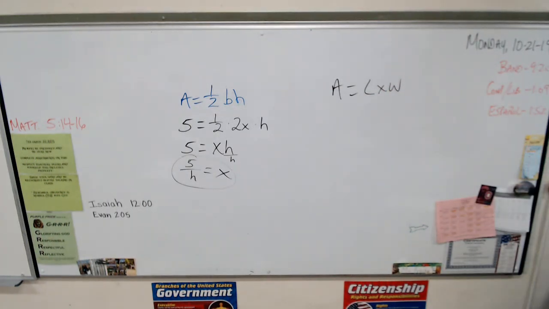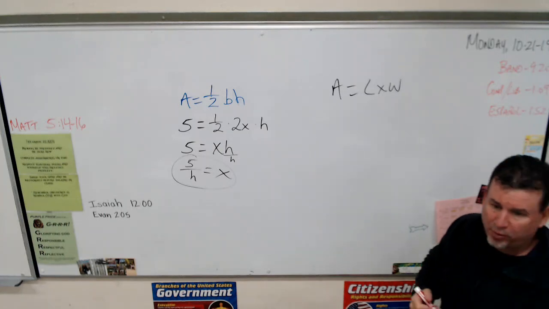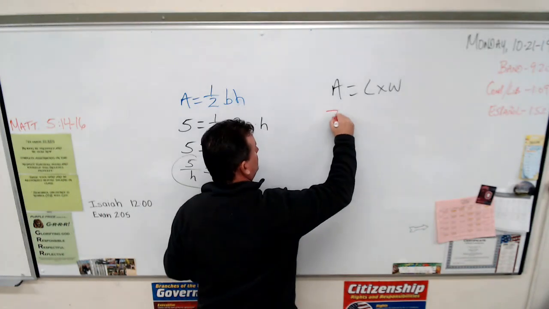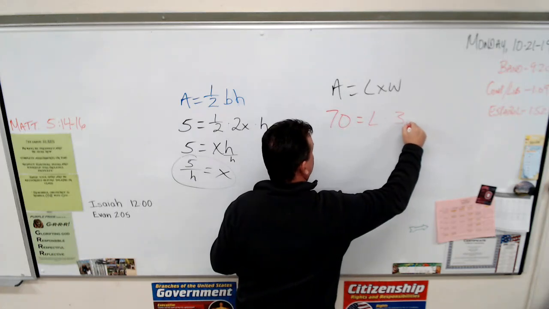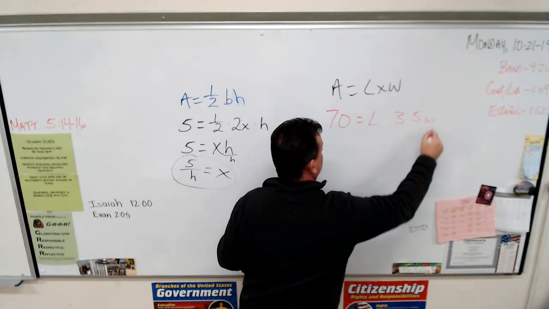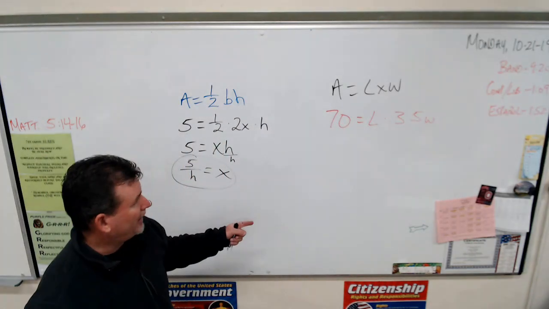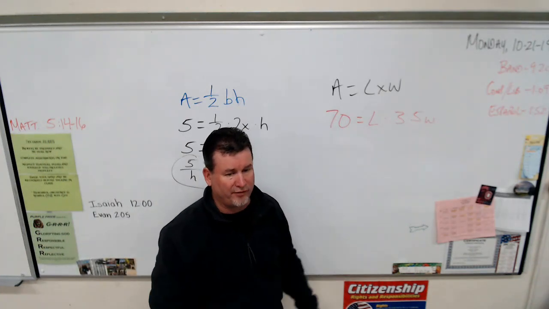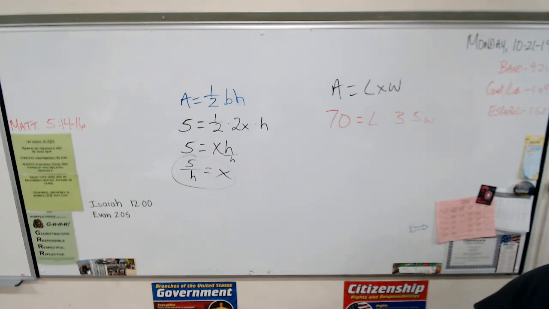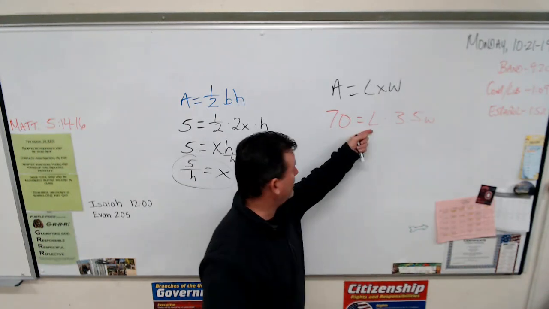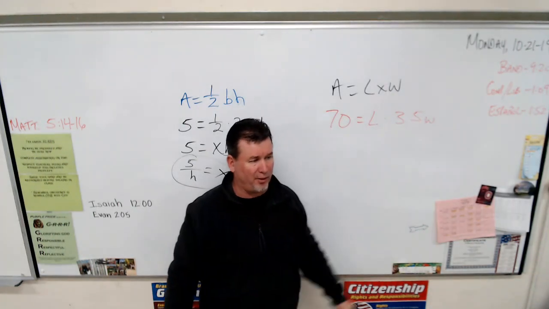They said area was 70 and width is 3.5 W. Length times 3.5 W. They want to know the length. How do I get rid of 3.5 W?